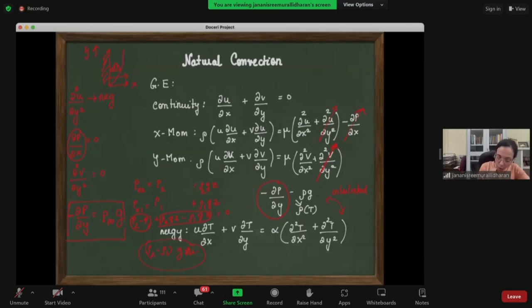Okay. So now when you have ρ2 minus ρ1, that means in our case, can I take this in terms of ρ infinity? Meaning there is a temperature at infinity, so I can take ρ infinity, correct? Minus the ρ at the temperature, okay?